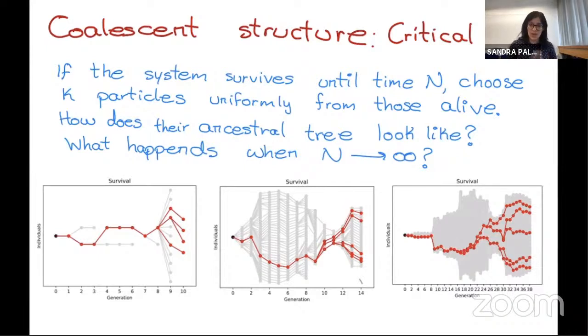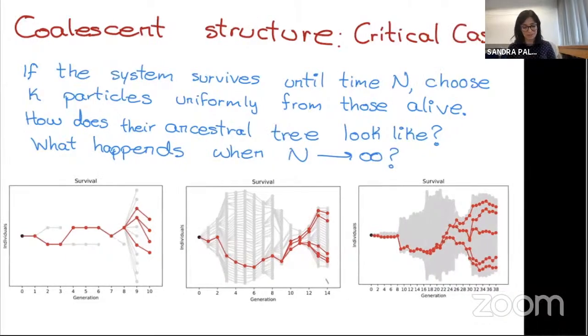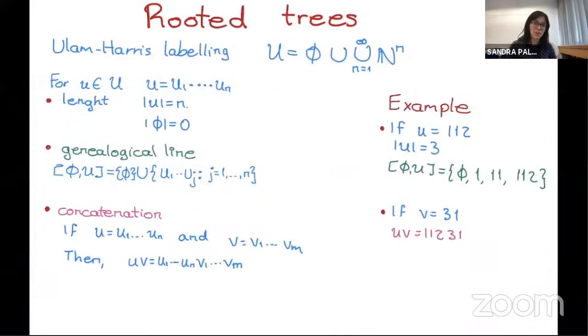So in order to do that, first I need to explain something about rooted trees. Okay. So we are going to work with the Ulam-Harris labeling. That means that we think we have the empty set and we will have vectors, or finite sequences, in the natural numbers. This one doesn't include 0. They have to be bigger or equal than 1.